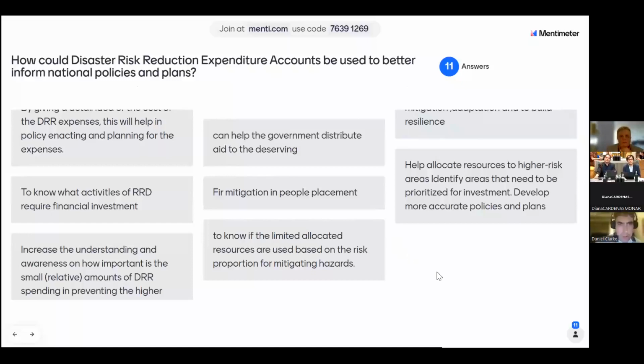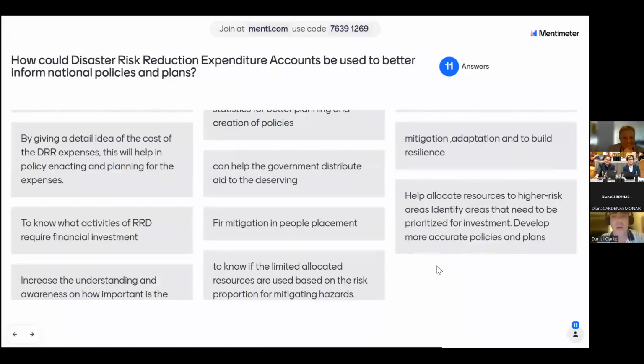Yeah, it's just on the fly here. It's a bit tricky, but I would say from what I can see, it's a bit related to the point about better understanding what kind of policies are effective.